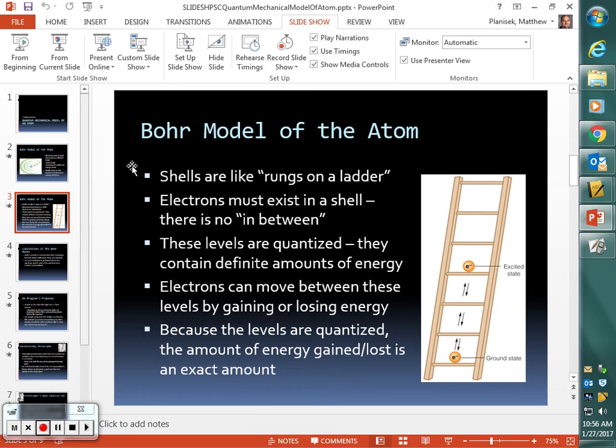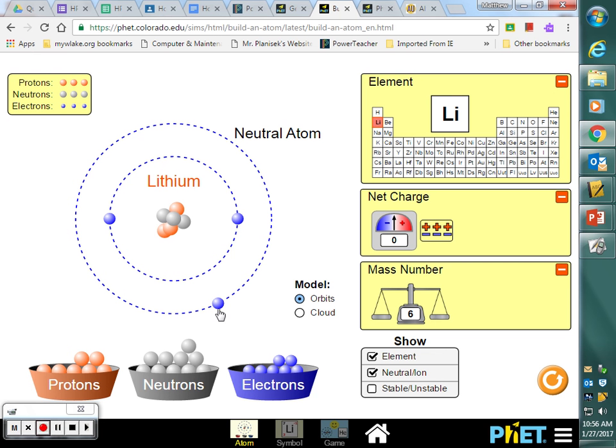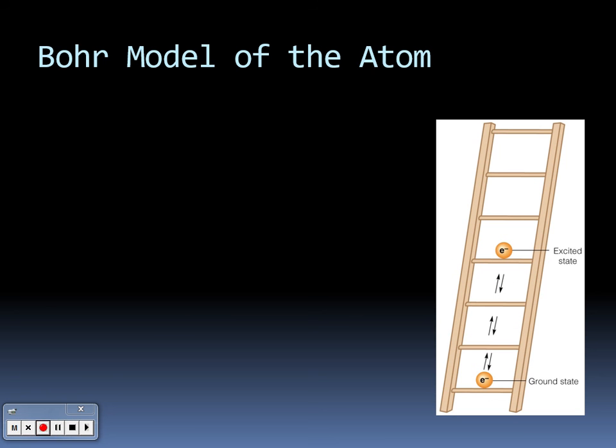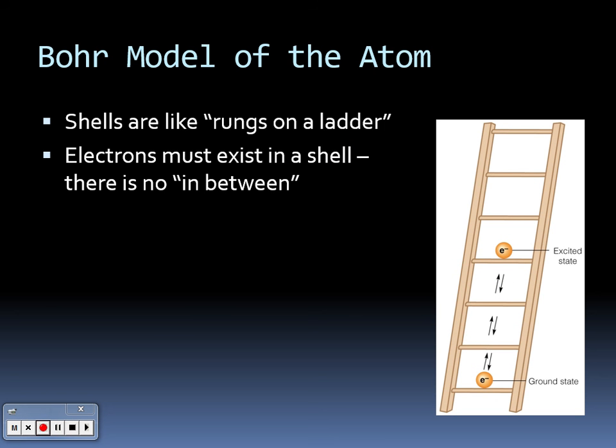These electrons are either on this ring or on this ring. Even if I try and drop it off in the middle, it doesn't stay there. It goes to one of those rings. That's what Bohr was saying about the electrons in this model. They have to be either on a shell or on the next shell, but they can't be in between.